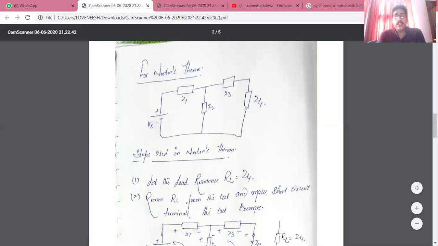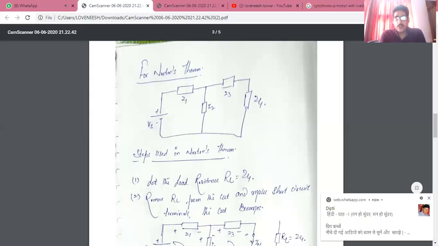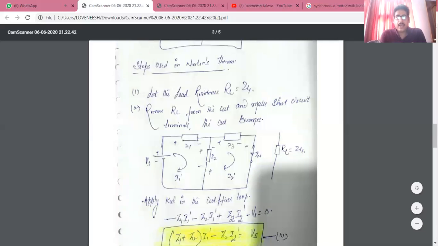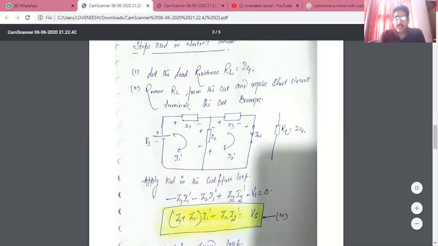In Thevenin's theorem, we calculate the voltage across the open terminal, but in the case of Norton's theorem, we calculate the current through the short circuit terminal, isn't it? So you see the current through the short circuit terminal, again we have to calculate, and this short circuit current is basically equal to simply Z4.